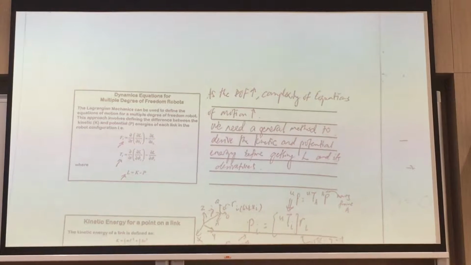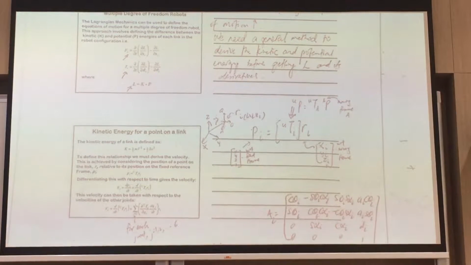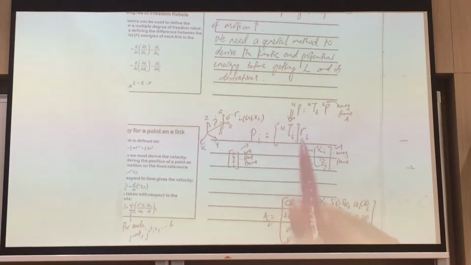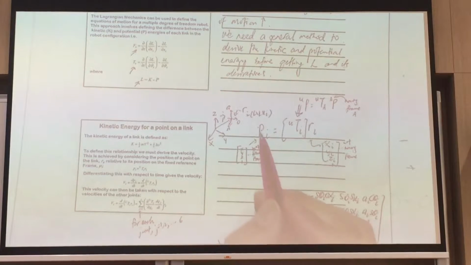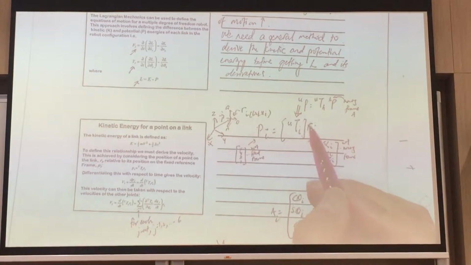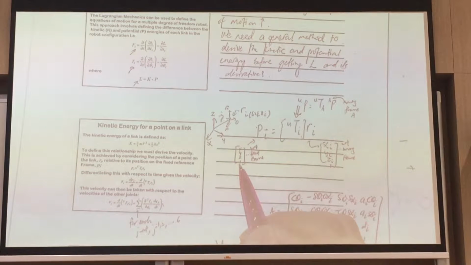To do this, let's do a quick recap about the transformation matrix. We know the position of a particular point on a link is given by x, y, z, 1 in your matrix, with respect to the fixed frame.